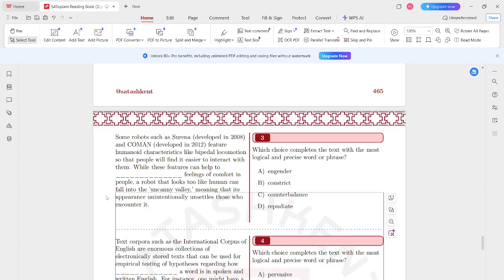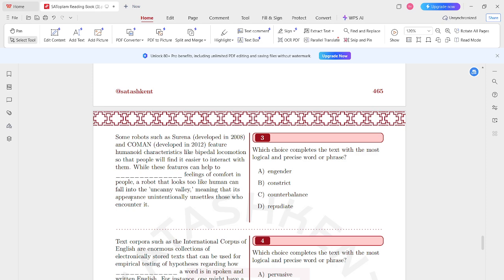So even though these features can help to blank feelings of comfort in people, a robot, if it looks too much like human, can have, let's say, just disadvantages. That is the basic summary of the last sentence.